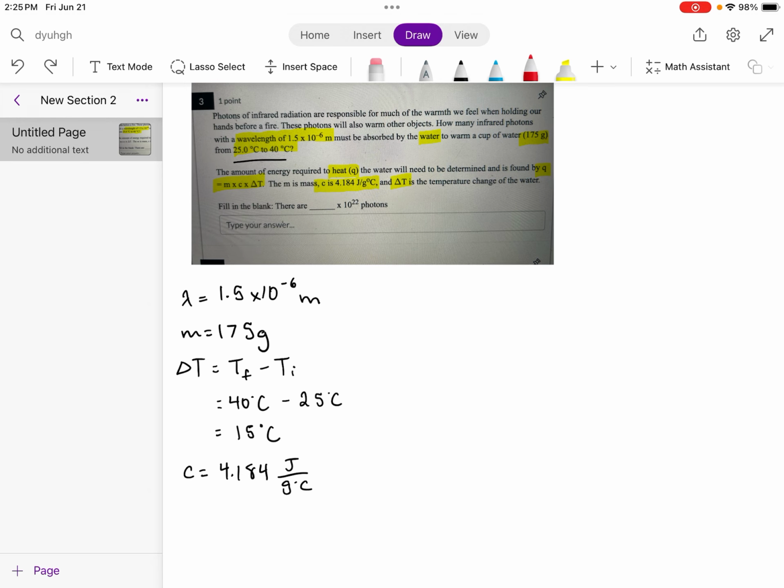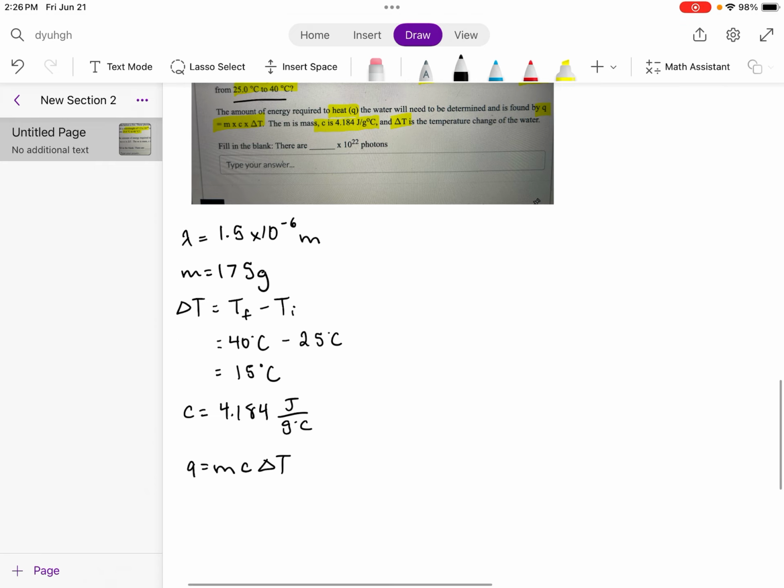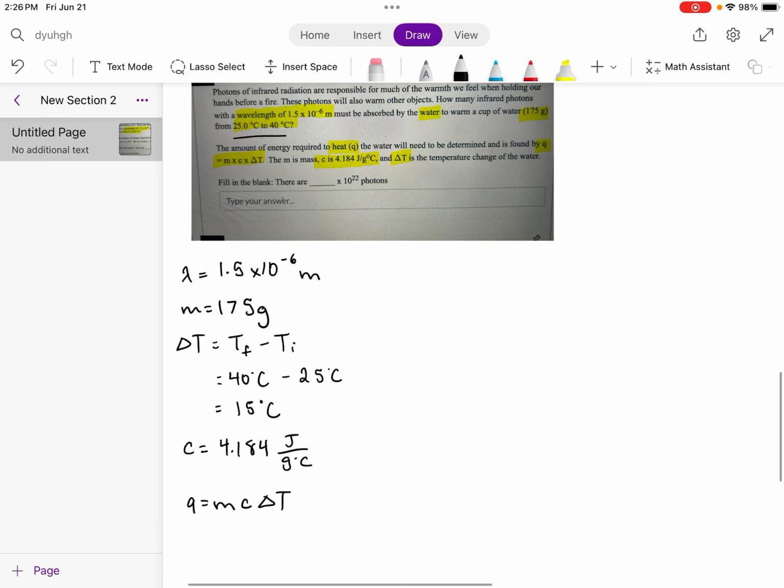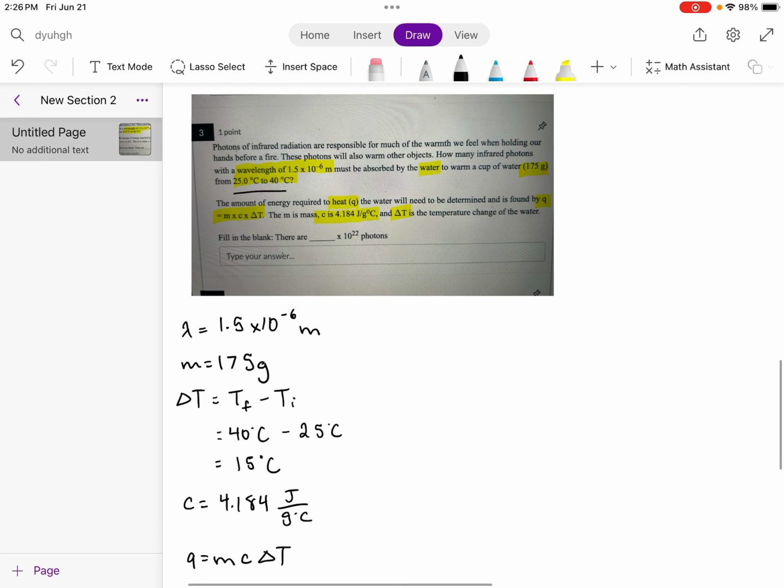Okay, and then they also gave us, how nice of them, a little equation to use: Q equals MC delta T. So we have M, we have C, and we have delta T, so that's nice that we can solve for heat.